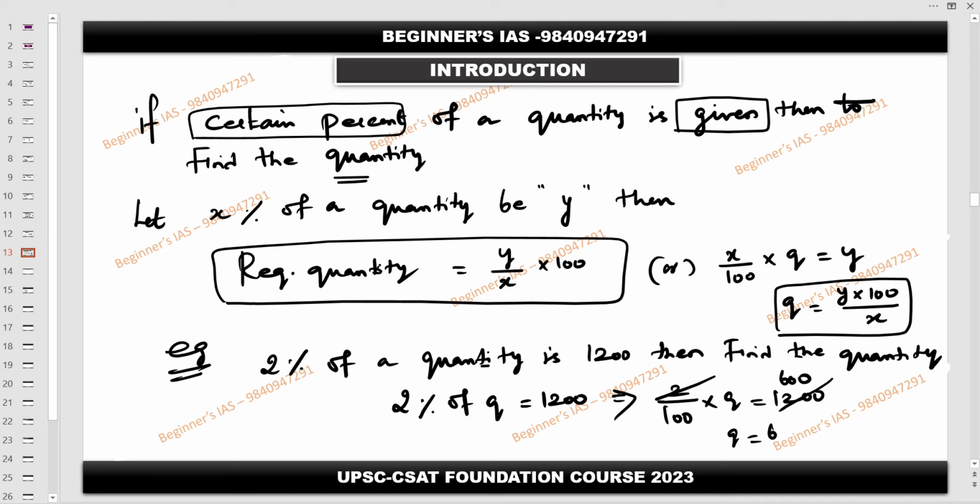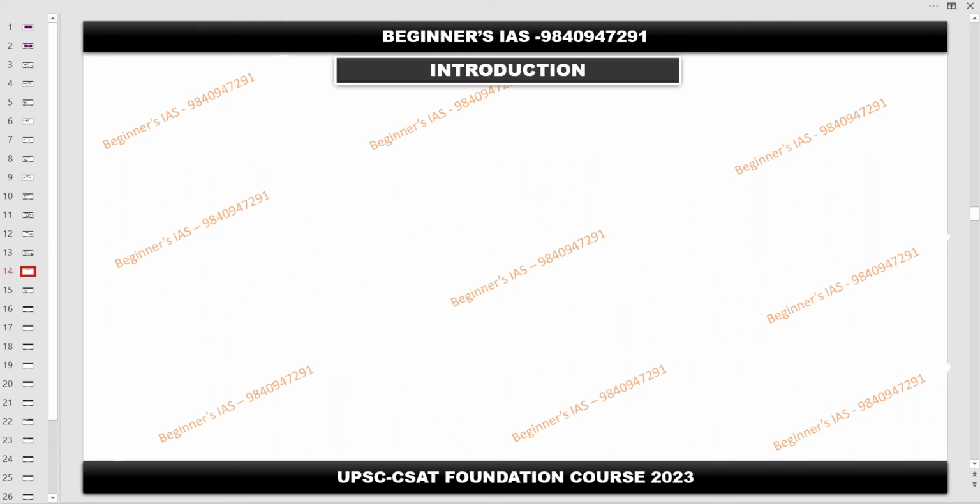Then Q is equal to 600 into 100, which implies 60,000. Understood? Fine. Everyone understood? Yes, sir. Now clear. Now one more concept here.